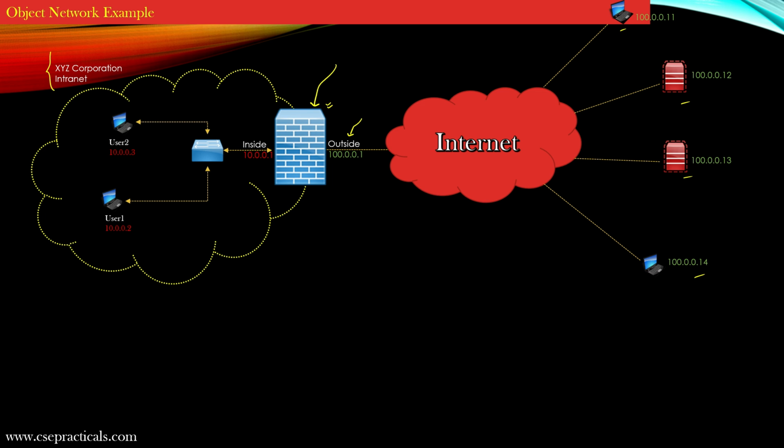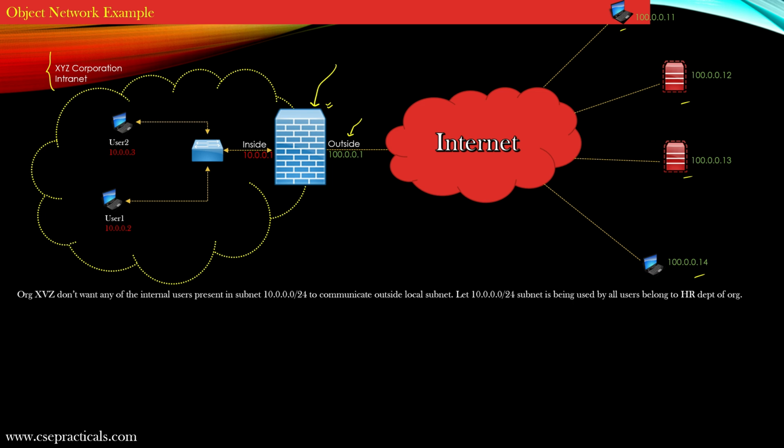Now, it is a requirement of XYZ Corporation that it doesn't want any of its internal users which are present in the subnet 10.0.0.0/24, that is, user 1 and user 2, the two users present in this subnet, to communicate outside the local subnet. Remember, there could be thousands of users in the same subnet.